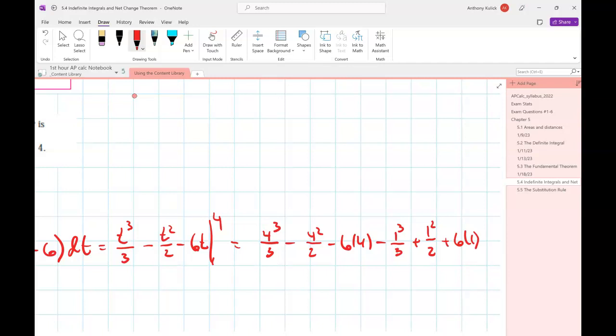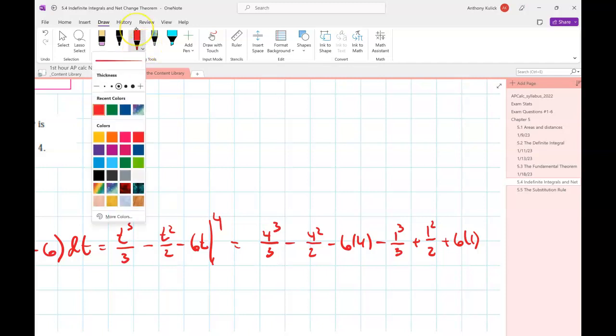So whatever that comes out to be, I'm not interested in actually doing the arithmetic right now. But that's the gist of that. Everybody's okay there?